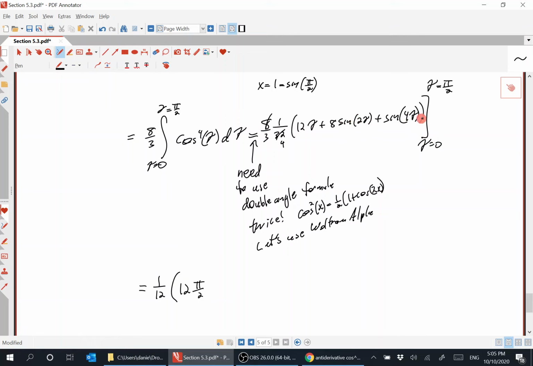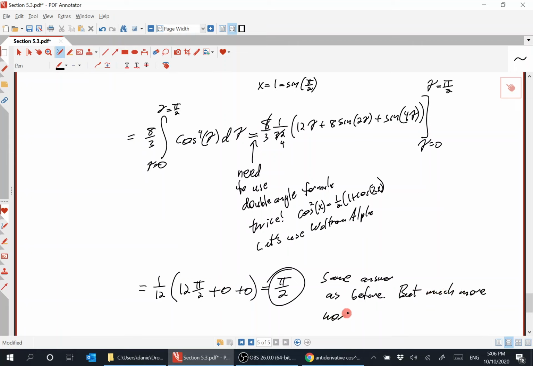So these are just 0. Plus 0 plus 0, and in the end, what do you get here? Pi over 2. Same answer as before, but much more work was involved.